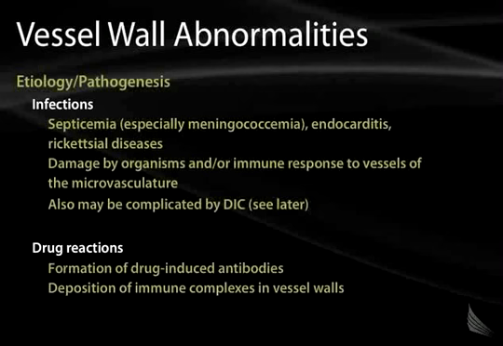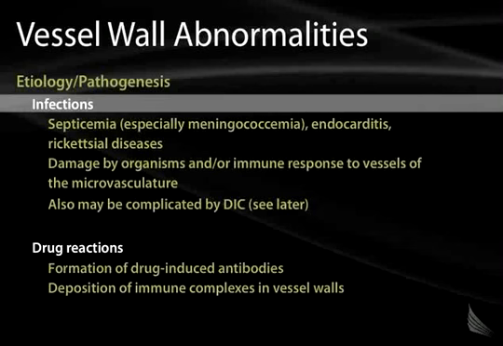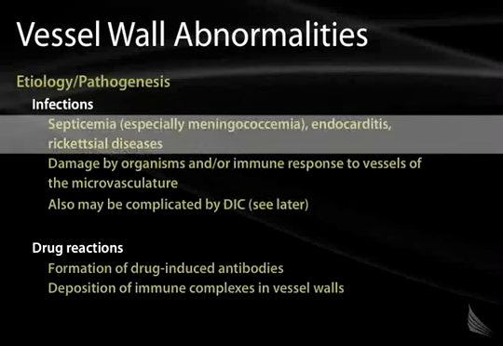Specific vessel wall abnormalities are particularly important to discuss because they're involved in a variety of pathologic conditions. Various types of infections, specifically bacteremia and even more specifically meningococcemia and endocarditis as well as rickettsial diseases, can cause the vessel wall to become remarkably deranged and therefore affect the ability to form and repair in the setting of infection and clot.